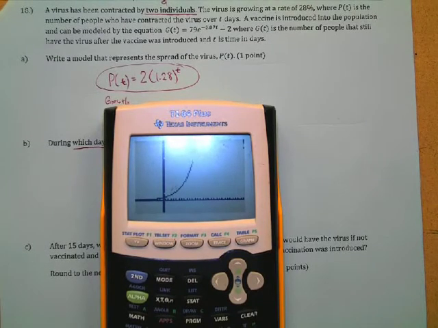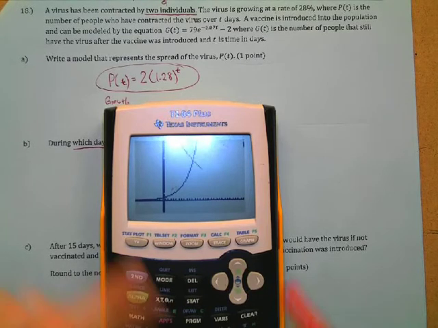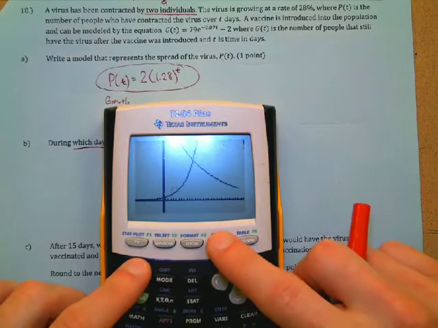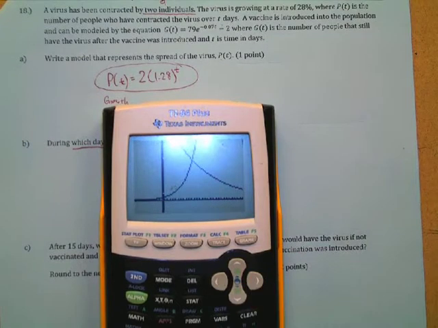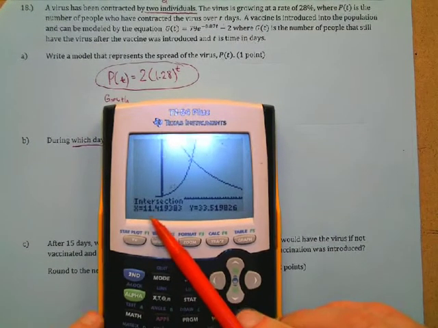Okay, so there's the virus population, there's the vaccine population. All right, so second trace, intersect. So 11.4 as our intersection point.